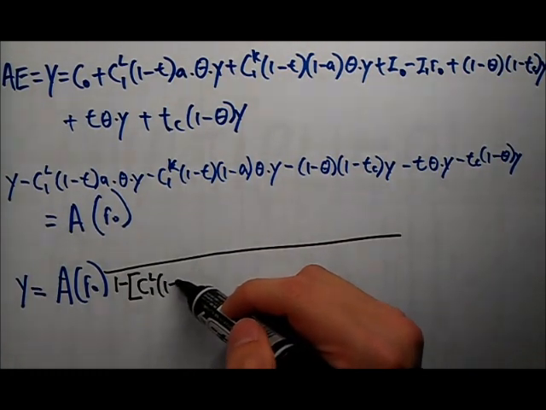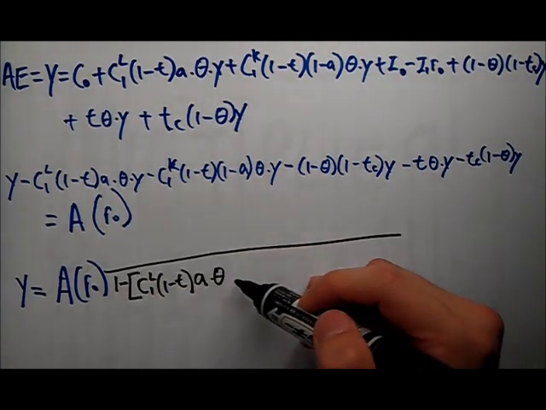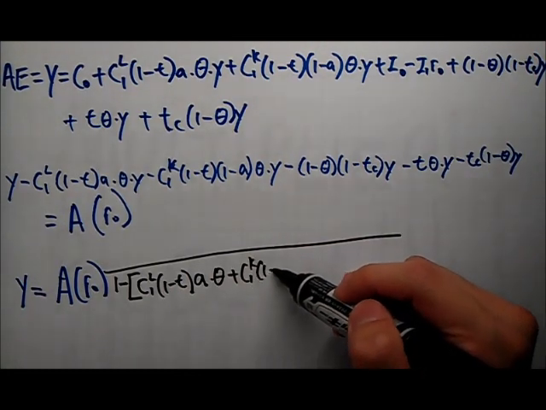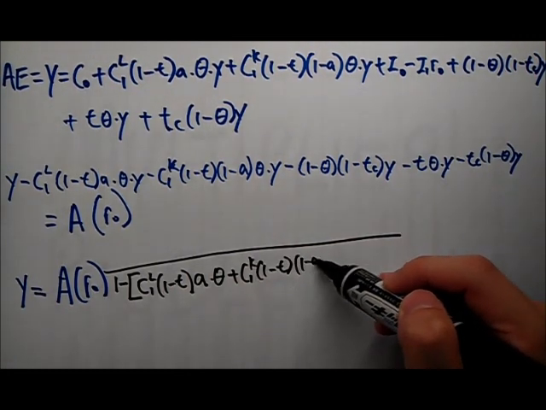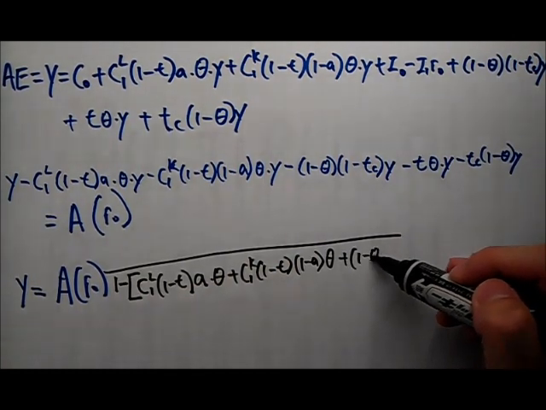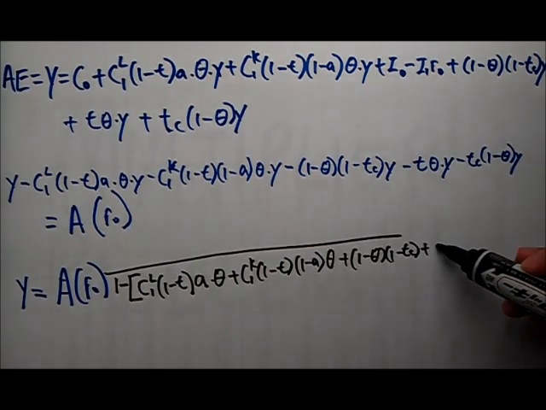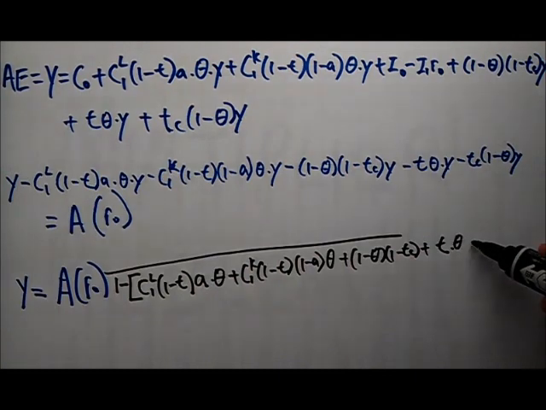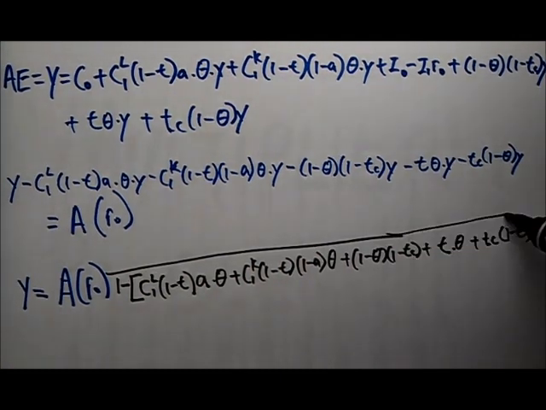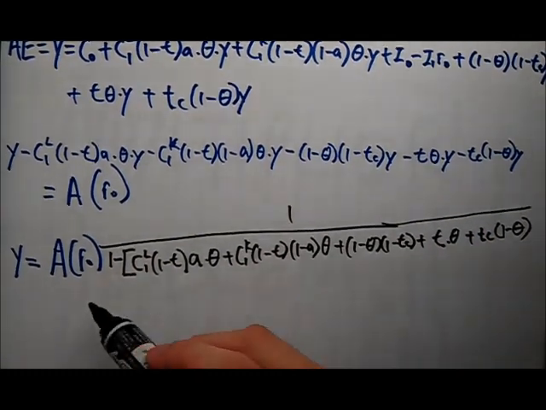We're going to do as follows: A theta C1K 1 minus T1 minus alpha theta plus 1 minus theta 1 minus TC plus T multiplied by theta plus TC multiplied by 1 minus theta, and 1. There we go. So this is the multiplier.